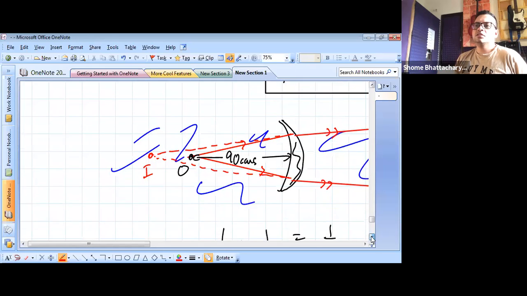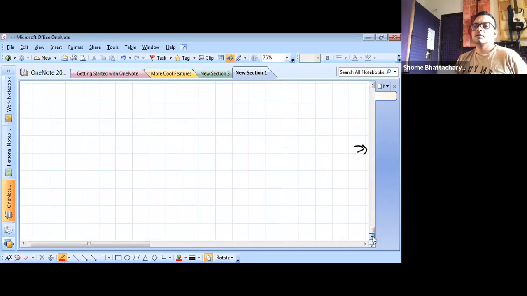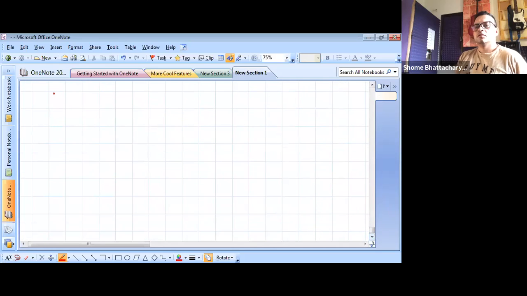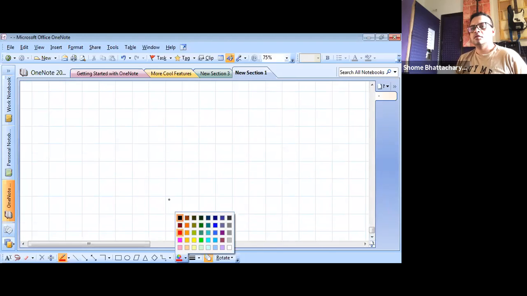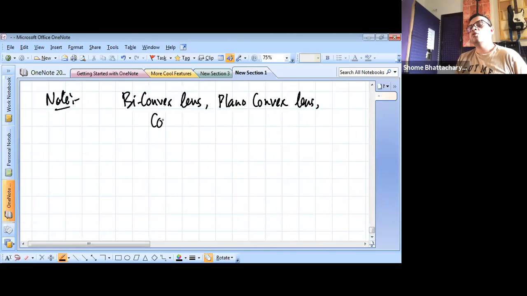So now one of the things that we should understand clearly from all this is that biconvex lenses, plano-convex lens and concavo-convex lens, these are always converging in nature.